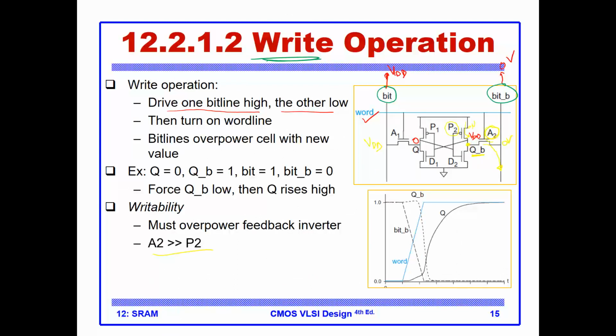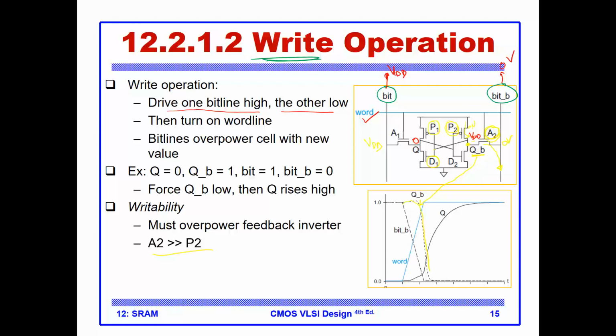If A2 is stronger than P2, what happens? You will see that this node will start discharging down, down, down. Notice that this node is activating D1 when it is VDD, and deactivating P1.